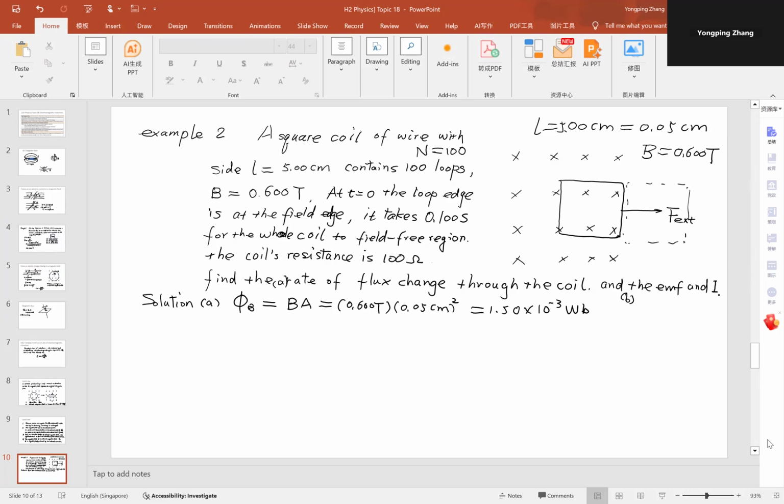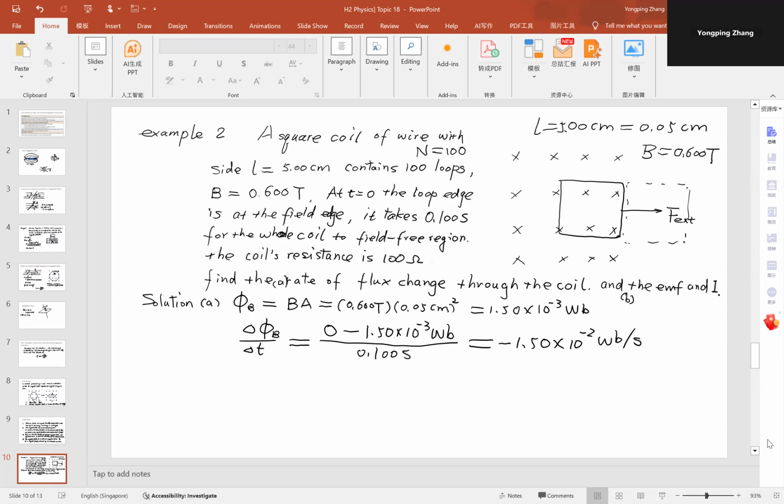The change of flux is delta phi B over delta t. In the final position, the flux is 0, minus the initial flux, which gives a negative value in Weber per second.